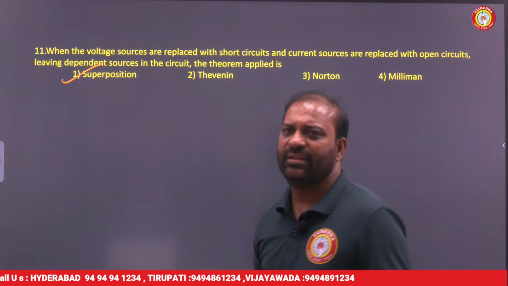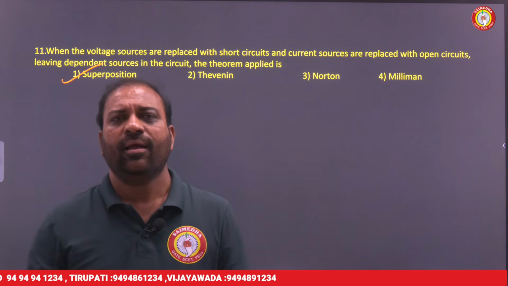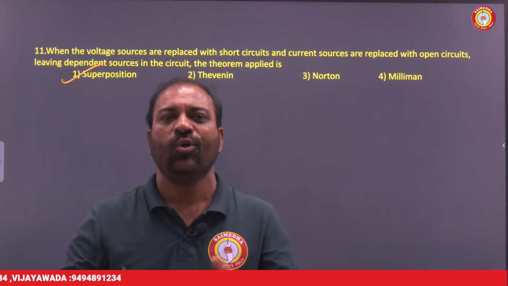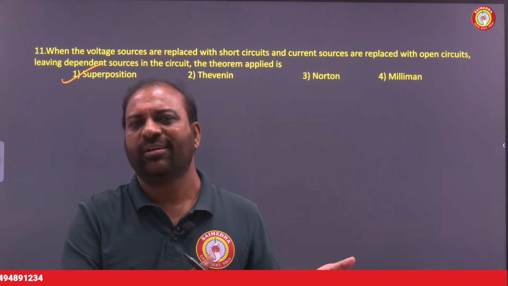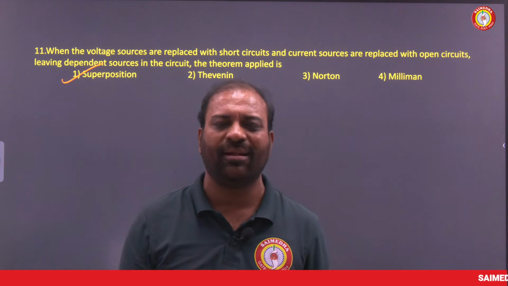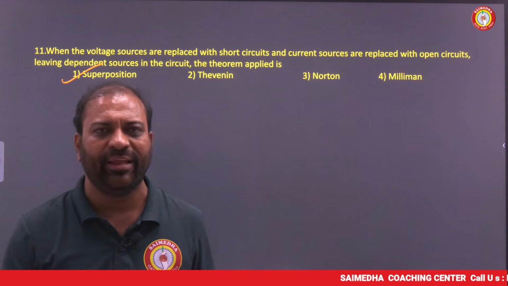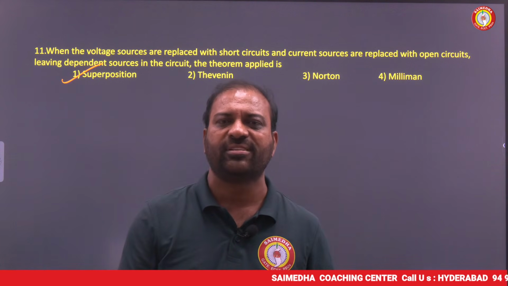Many students will think that while finding Thevenin's equivalent resistance and Norton's equivalent resistance also, we are deactivating the sources present in the network. In that case, a voltage source is deactivated by short circuiting it, and a current source by open circuiting it.